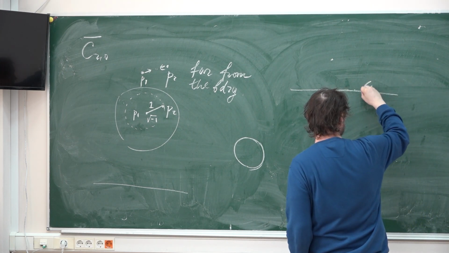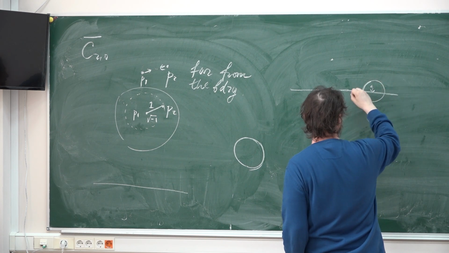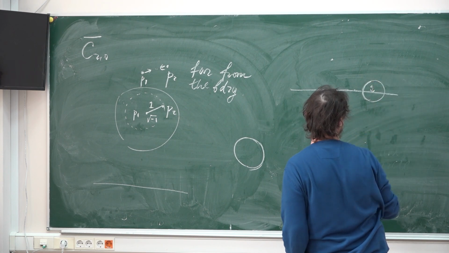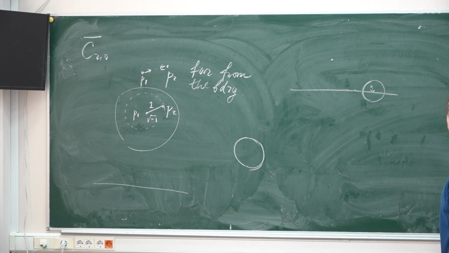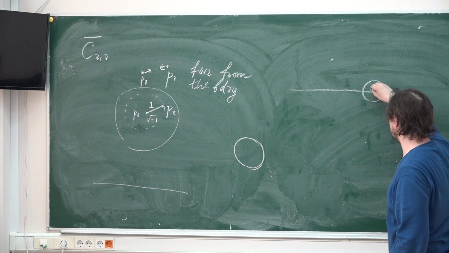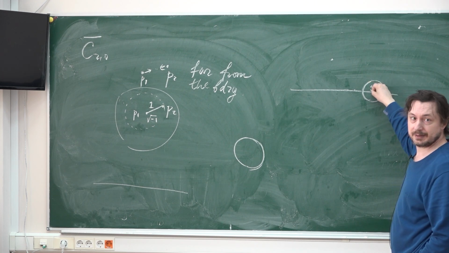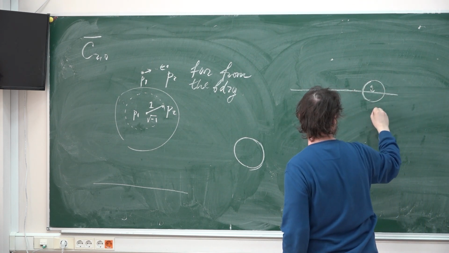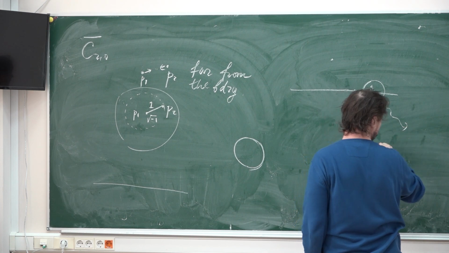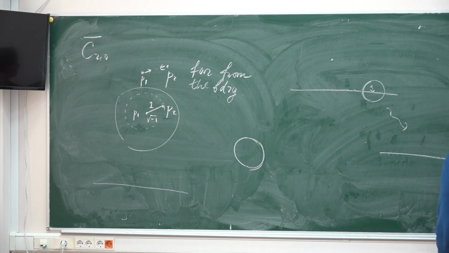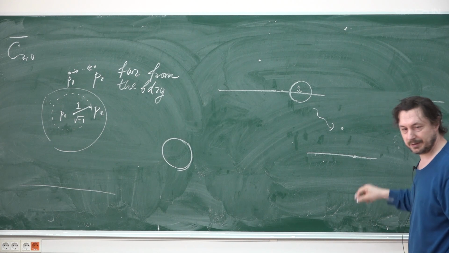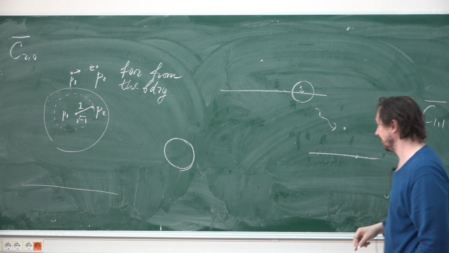If we now forget about this point and magnify the position here, we can let this point get into the boundary. And thus, we'll get a configuration from C11 bar. So the boundary will correspond to the C bar 11.